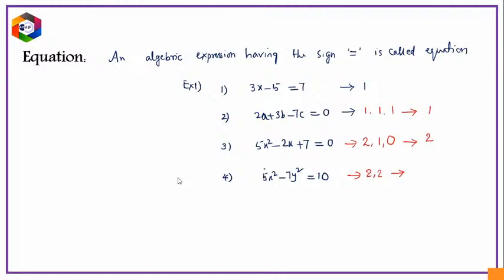Therefore that will be considered as the degree of this complete equation. So for any equation the degree will also exist. It may be anything. So now today we are going to discuss only the equations having the degree 1.